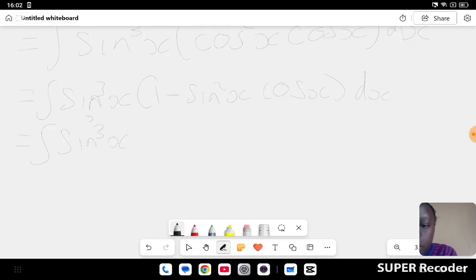Cube x, sorry, this has to multiply with the inside, then minus sine cube x multiplied by negative sine squared x, both we add the exponent.